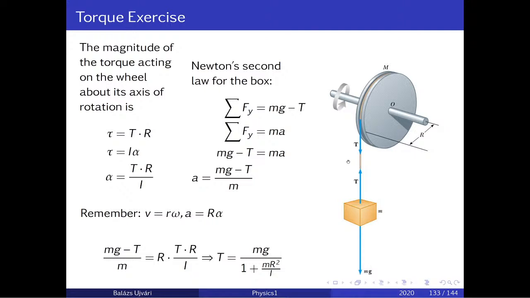Since they are strongly connected, and let's suppose this is not an elastic string, this is a fixed length string, these two T has to be the same. What is the net force on this m? The net force is the weight minus this right now unknown T. And that's all we can know about this small body. So this body moves like weight minus T equals m times a.